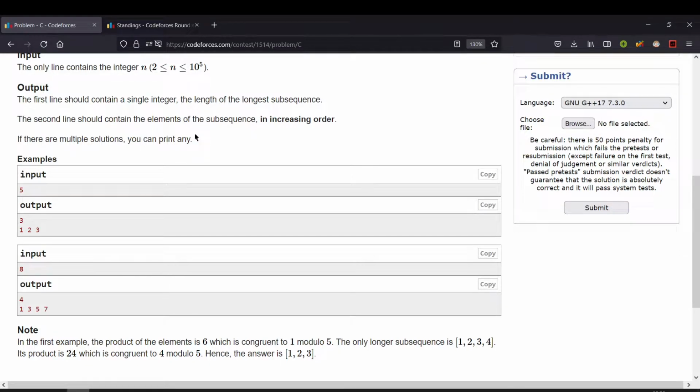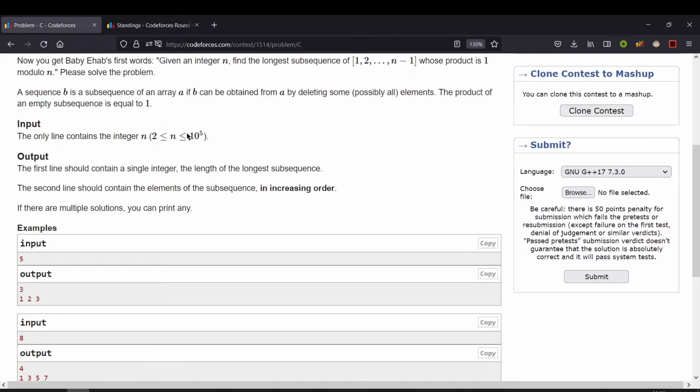Okay, so the solution is for n up to 10 to the power 5, producing all the products.